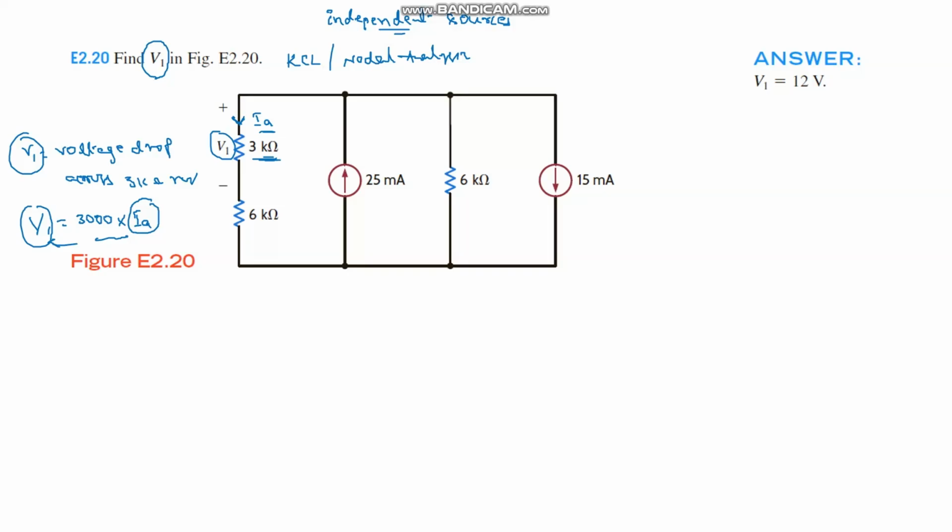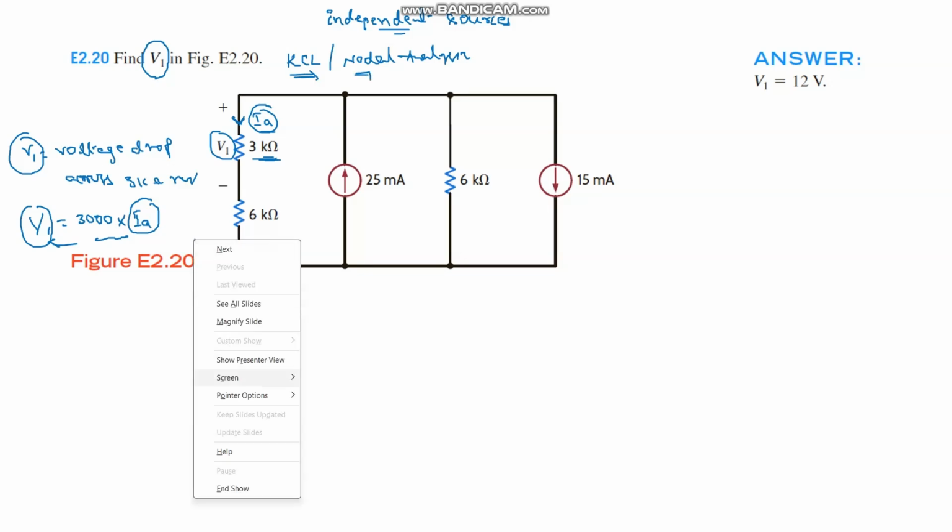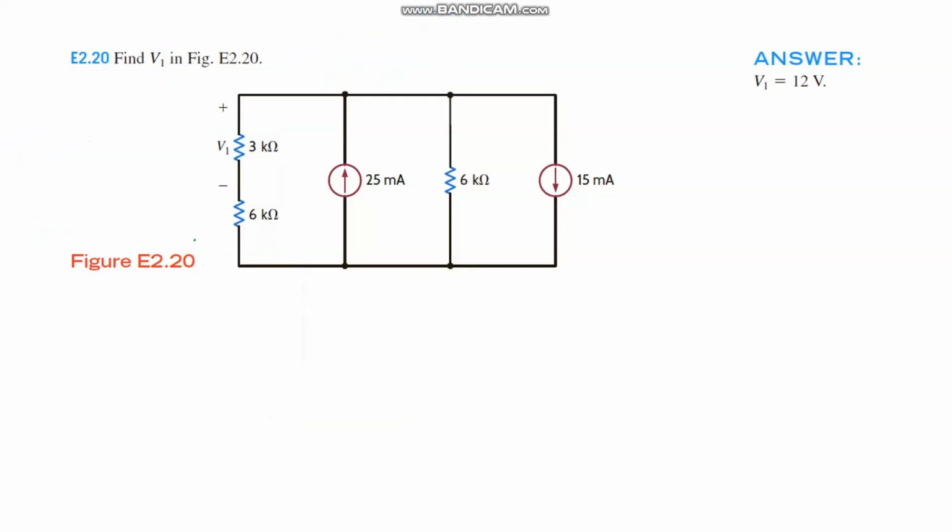So before identifying V1, first we have to identify IA, the current flowing through the 3 kilo ohm resistance. To identify it, I am using KCL or nodal analysis. Try to understand how to apply KCL or nodal analysis for any type of circuit. We just have to follow four steps.